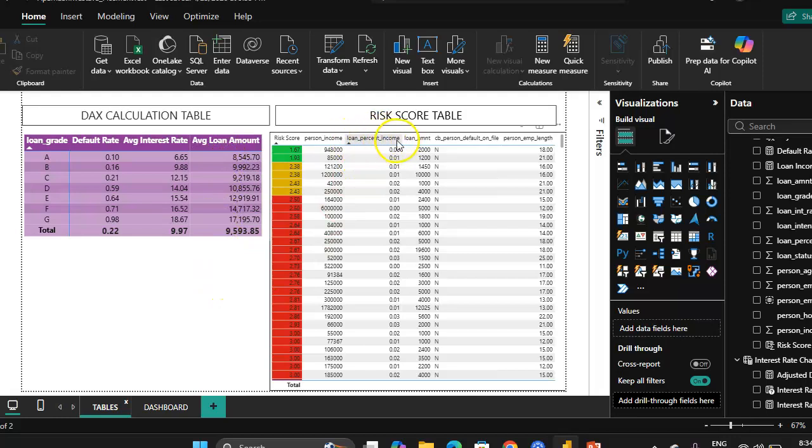Here, loan percentage, income, loan amount, person default on file, and person employment length are used. The purpose of this score is to identify risky borrowers. I also applied conditional formatting in this table. Green indicates low risk, yellow indicates medium risk, and red indicates high risk. The analysis shows that a large number of borrowers fall into the high risk category. This indicates a higher probability of defaults in the dataset.